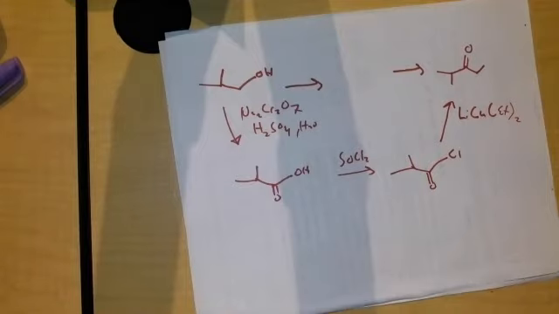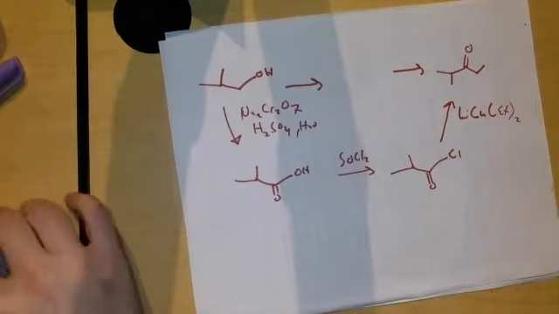Technically, you could also do this through PCC, Grignard, PCC, same concept. A lot of these reactions at this point, you guys are going to know multiple ways to do them. So there's going to be some options.